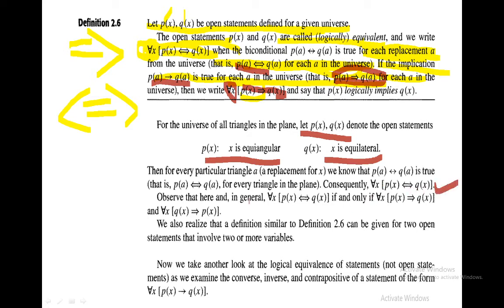Now observe that from the definition I can write for all x, p of x logically equivalent to q of x if and only if for all x, p of x logically implies q of x. Like this also I can write, or else I can also write for all x, q of x logically implies p of x. So both are going to be valid.